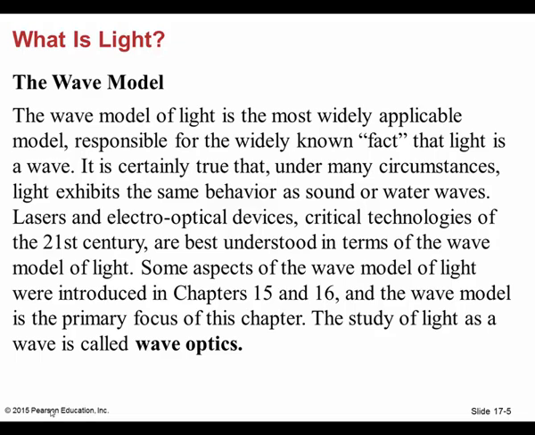Sound waves and water waves behave pretty similar. We can use these same equations to find frequency and period and wavelength of a light that we can use for, say, a mechanical wave. So that's an interesting phenomenon. And of course, we see lasers and other optical devices which operate off the wave principle.